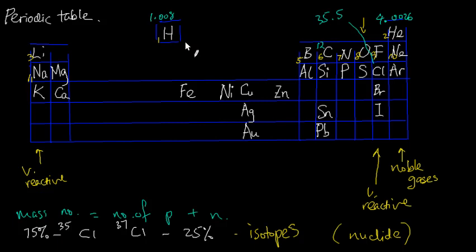So it's also possible for hydrogen to have different isotopes.